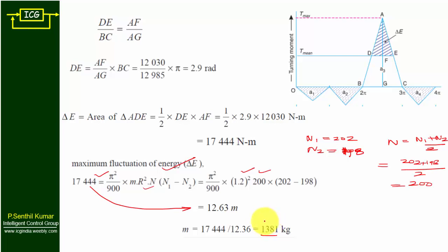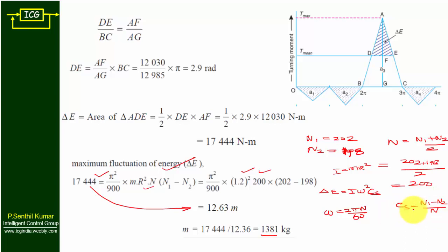You can also find this same answer using another formula, del E equal to I omega squared CS. Here I equal to m k squared or m r squared, then omega is 2 pi n by 60. You already have the n value by n1 plus n2 divided by 2, then again apply n here, you will get the omega value. Again CS equal to n1 minus n2 divided by n.